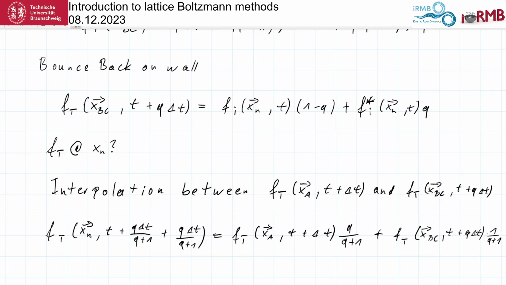Now you see in time, when you look at the timing of the two things, this is q delta t times 1 over q plus 1, and here is delta t times q plus 1. So this is why both of them come at the same location in time.